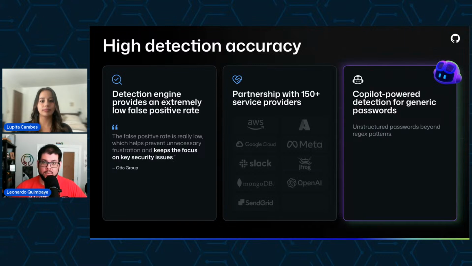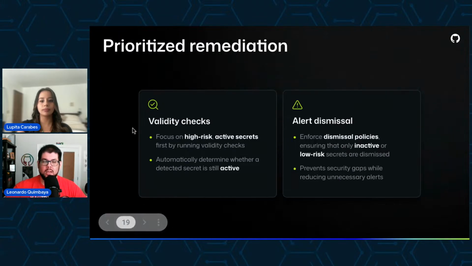And if we can't get a result, or if we don't have that sort of agreement with a partner, we'll just say, hey, this is possibly active, but we haven't been able to verify that. All this is an effort to help prioritize which secret patterns get revoked and rotated first, and then dealt with in a much more secure way for the new secret patterns that do come out.